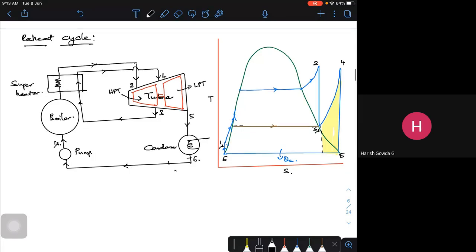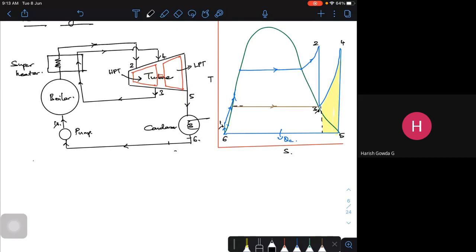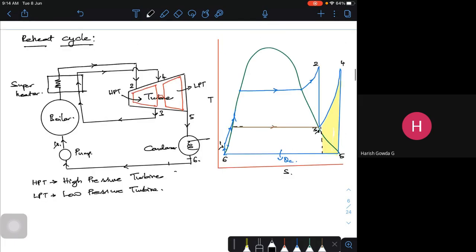HPT means high pressure turbine, and LPT means low pressure turbine.